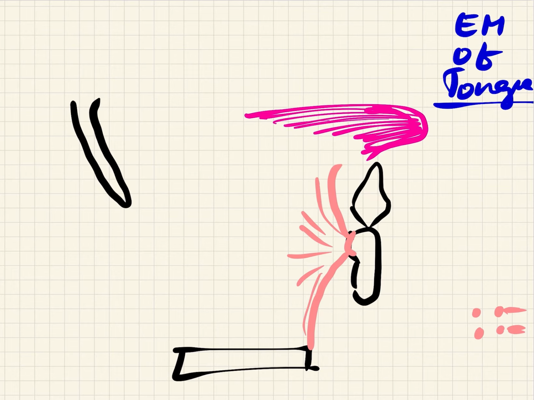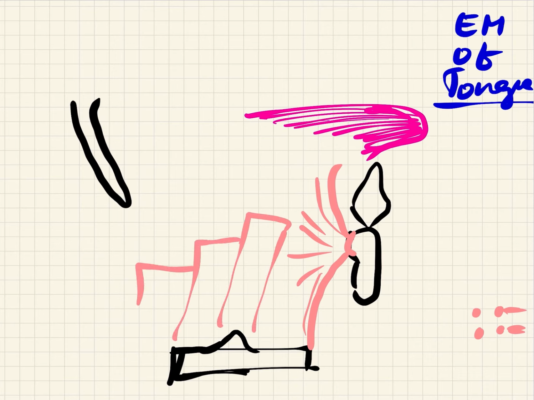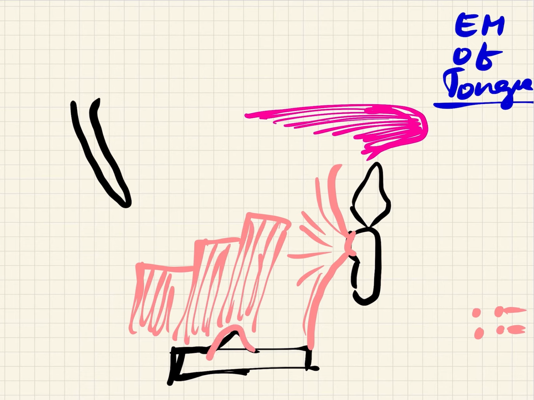And next, hyoglossus. It's a flat quadrangular muscle which arises from the greater cornua and the adjacent part of the body of the hyoid bone, like this. It gets inserted onto the sides of the tongue between the styloglossus laterally and the inferior longitudinal muscle medially.